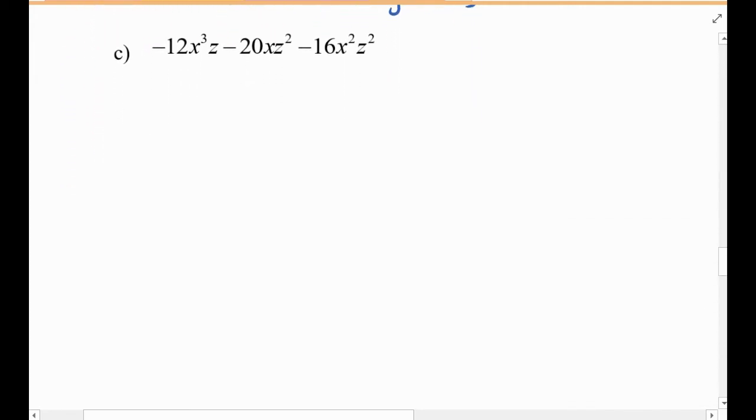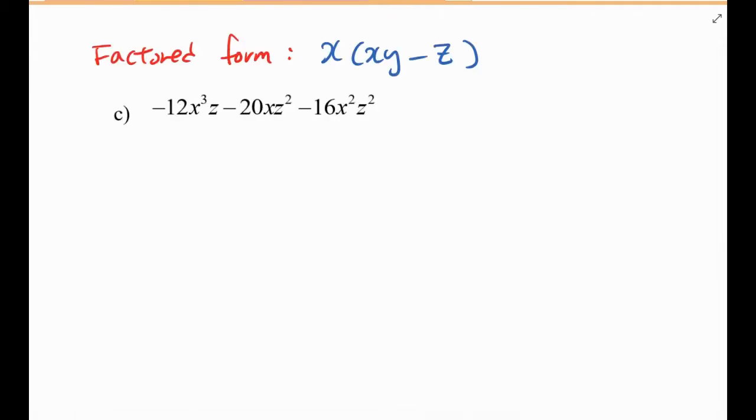C looks a bit complicated. I want you to pause the video and try C by yourself first. Alright? So have you guys tried it? Let's do it together.